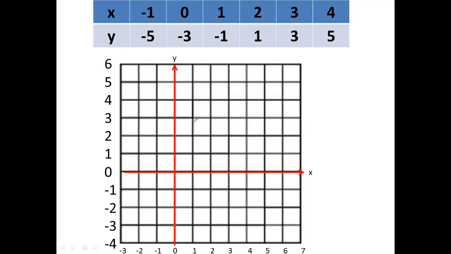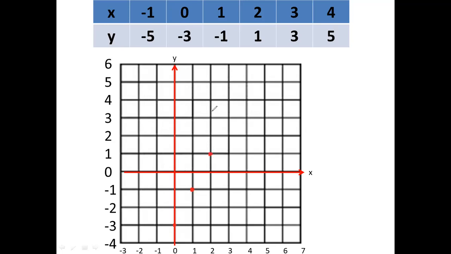And when your x is 1, y is -1. So x is 1, y is -1 here. When your x is 2, y is +1. So x is 2, y is +1 here.